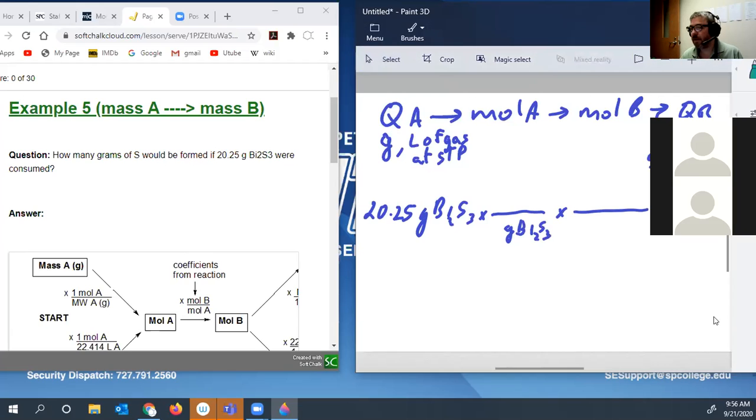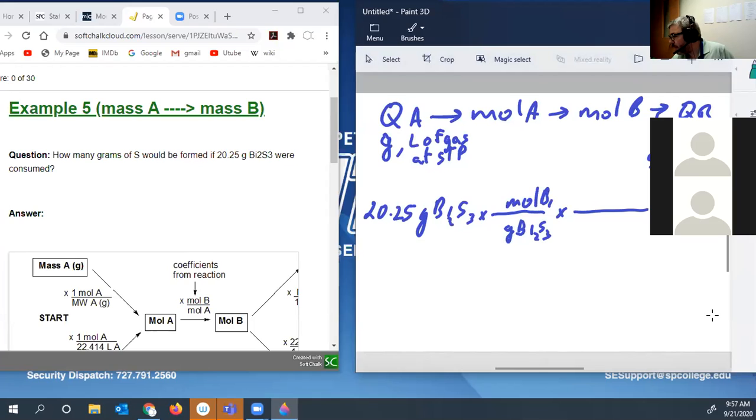Now, the cool thing about this flowchart is that whatever's on the flowchart will always be along the top of our working. So along the top, we've got 20.25 grams of Bi2S3. Then we're going to have moles of Bi2S3. Then it'll be moles of S, and then it will be grams of S. So it'll just mimic exactly what we're seeing in the flow chart. So that makes it fairly easy from there.